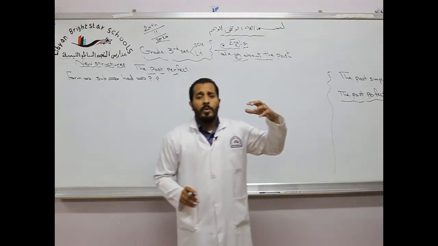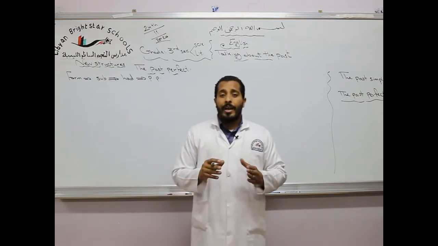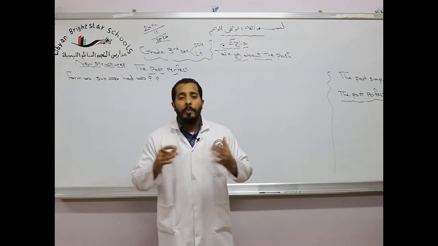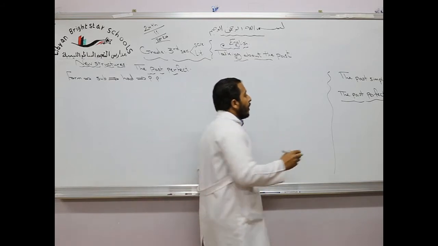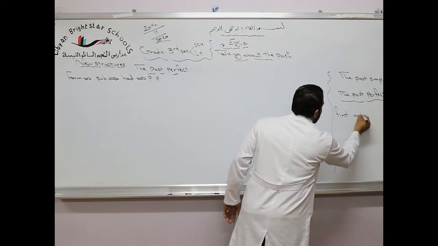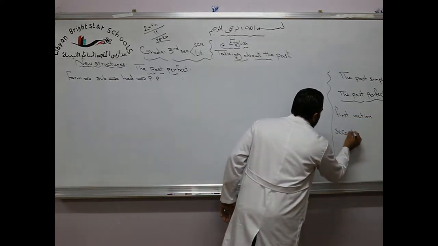So, what's the difference between these two actions? Really, we had two actions. One of them preceded the other. One of them happened before the other. So, we had first action and second action.